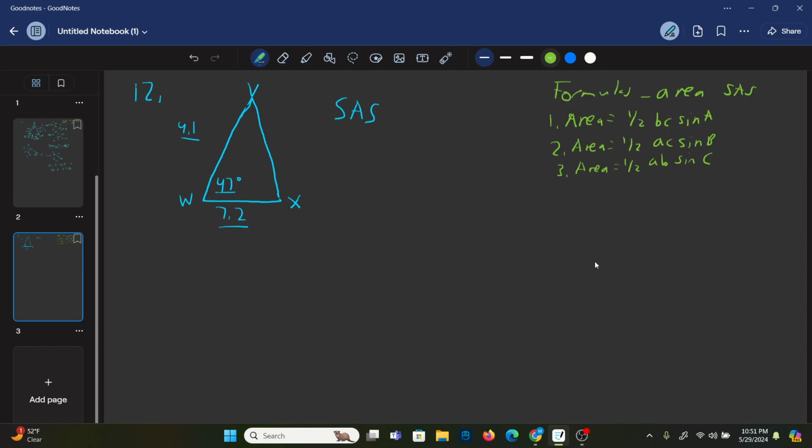First I want to tell you what these side lengths mean.